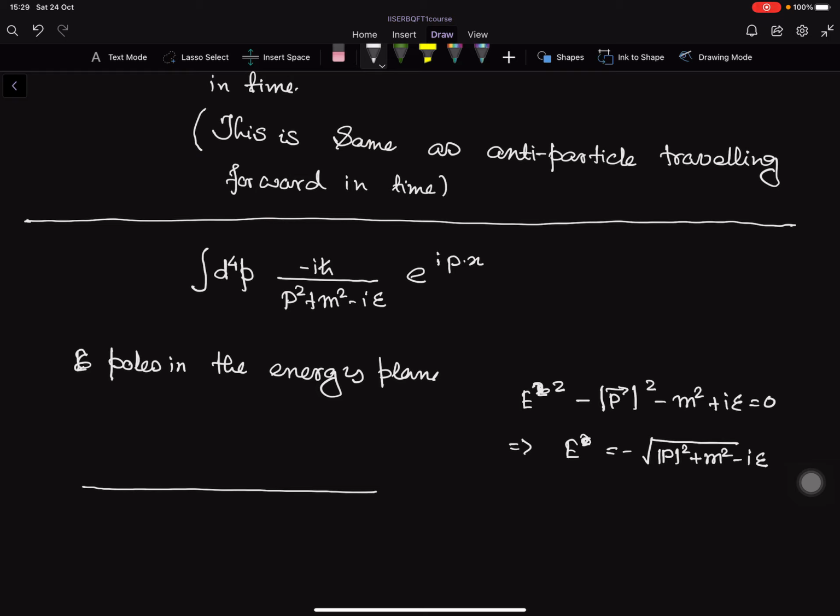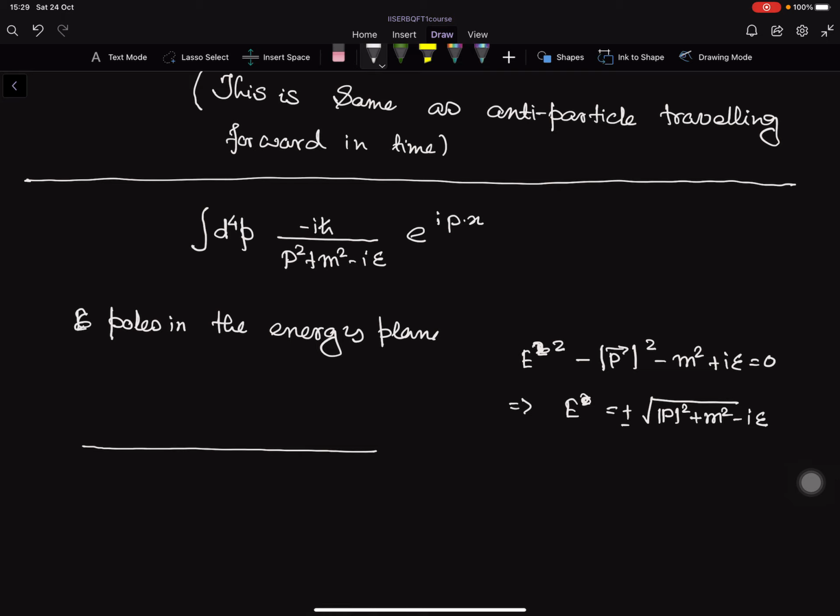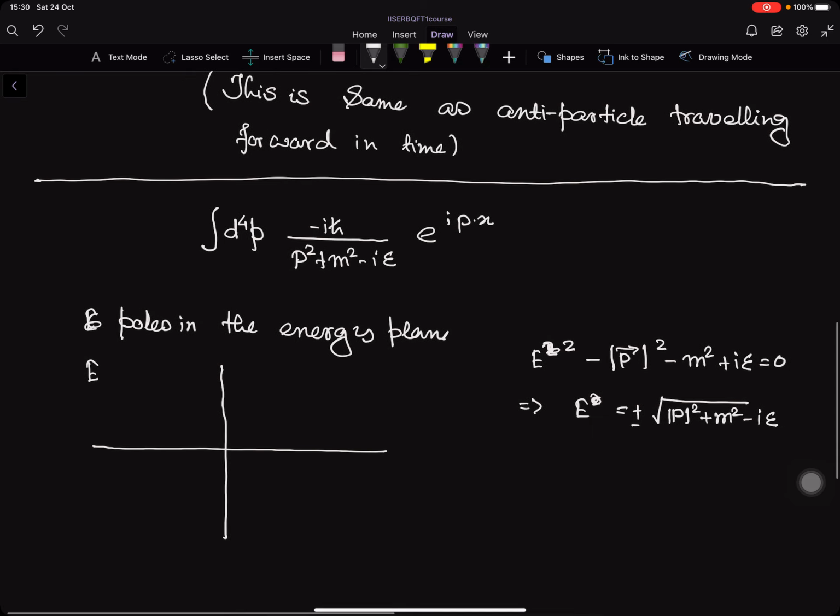Sorry, E is equal to the square root of p squared plus m squared minus i epsilon. Okay. So this means that there is a pole. In the complex energy plane, the pole is here and here. Okay, so this is the square root of p square plus m square.